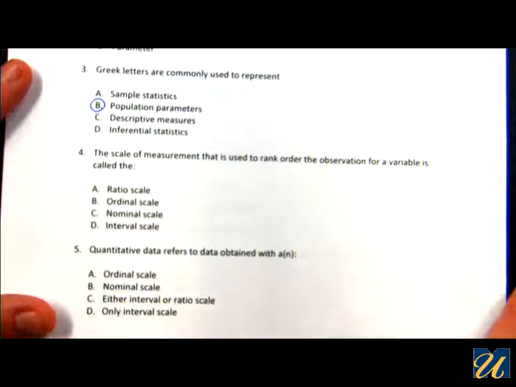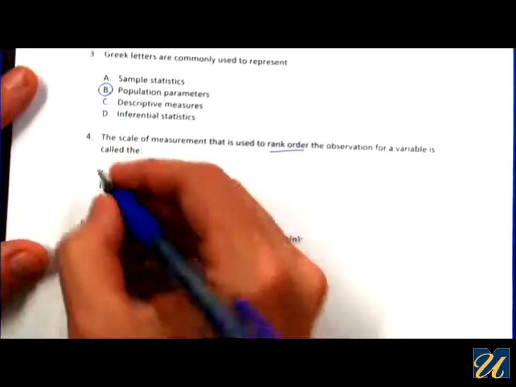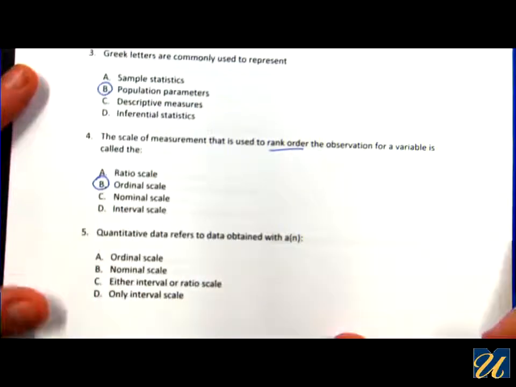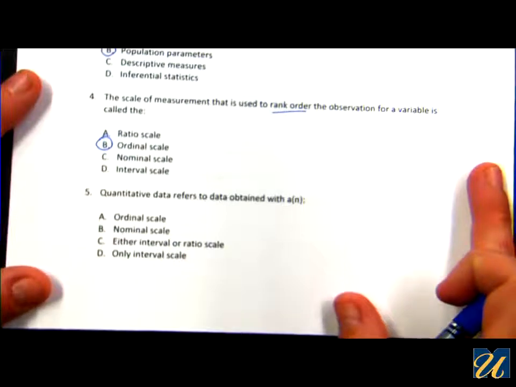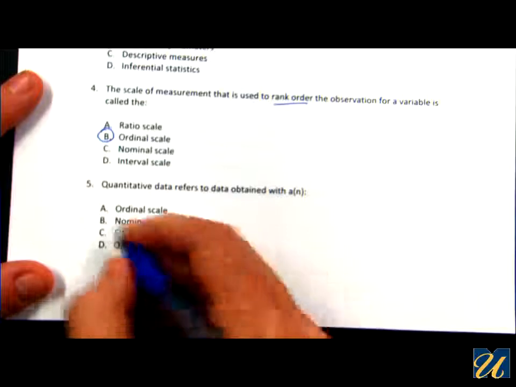The scale of measurement that is used to rank order the observation for a variable is called the ordinal scale. Quantitative data refers to data obtained with either interval or ratio.